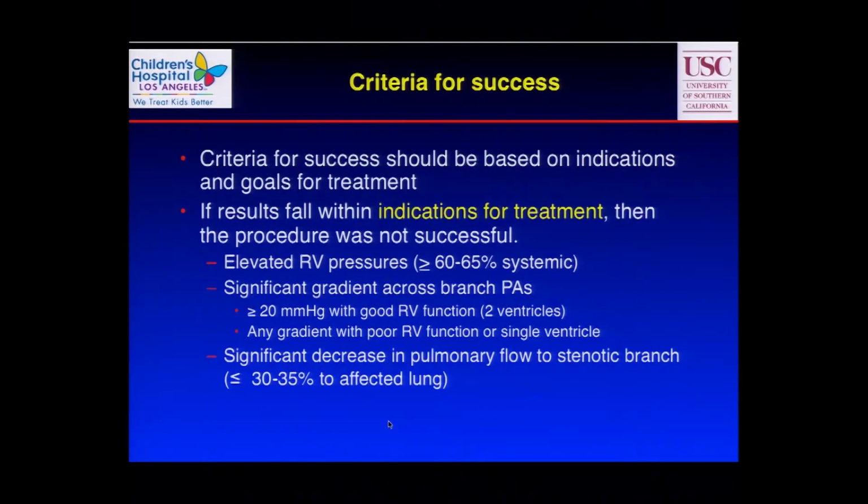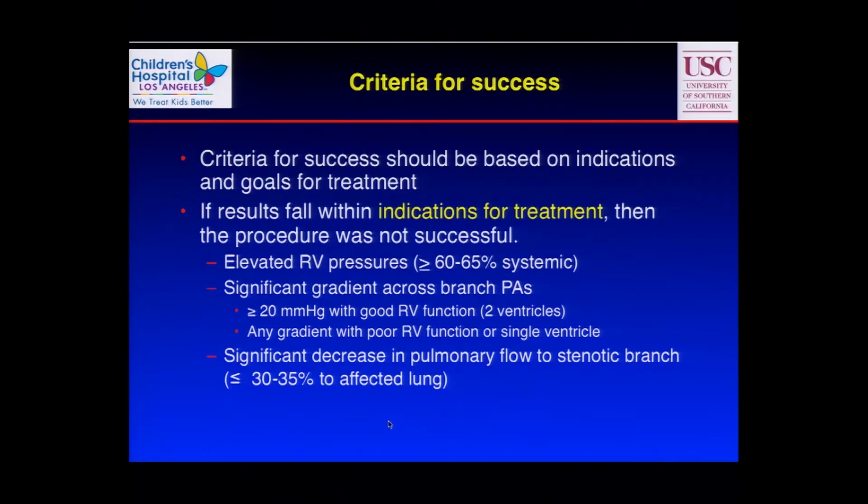So if you look at criteria for success, I always ask myself, what is it? The indications have to be based on what your goals for treatment are, right? So in angioplasty, if the results fall within the indications for treatment, is that procedure considered to be successful? I would say maybe not.